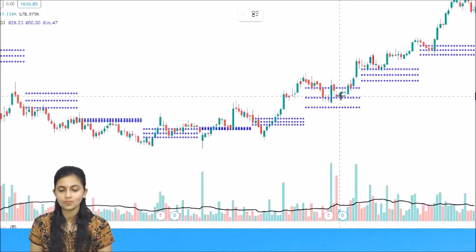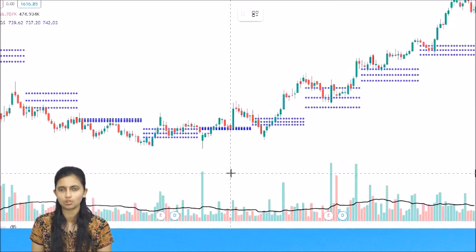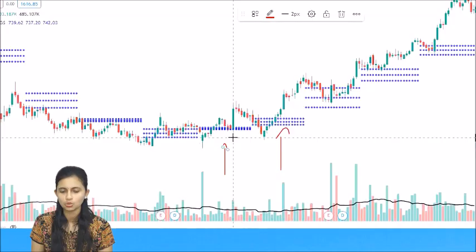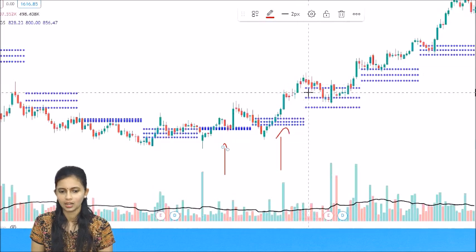The second condition which is required to be met is that at least 2 consecutive higher CPRs should be there. That is 1 and 2. So you have 2 continuous CPRs which are coming higher, that is, this CPR is higher than this, and this CPR is higher than this CPR. So you can make an entry at this CPR.